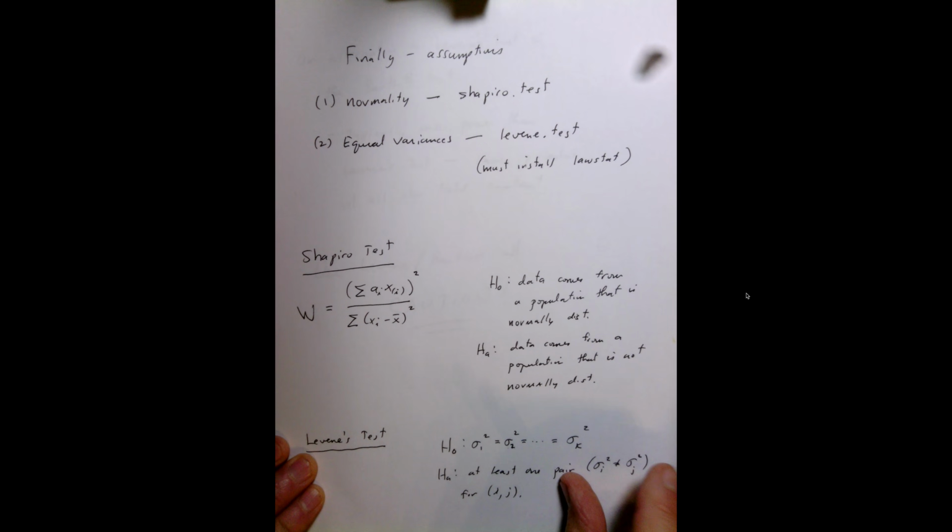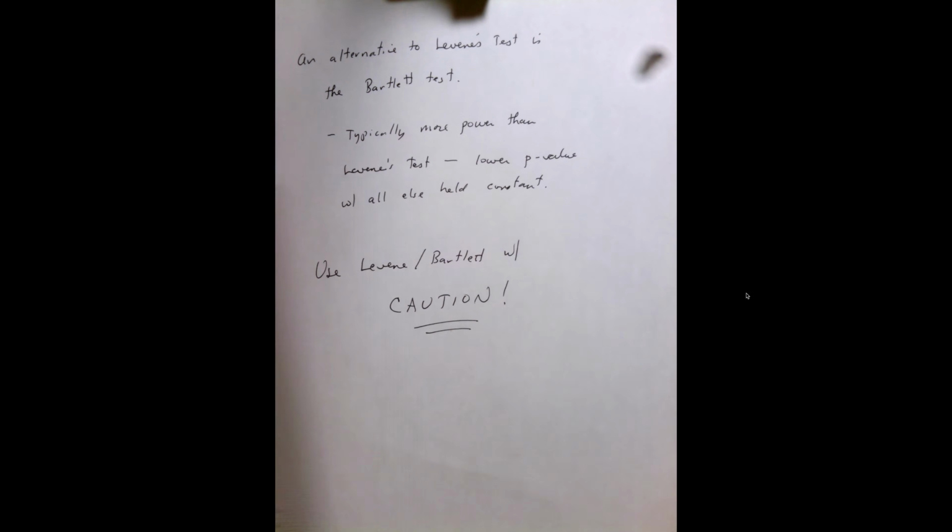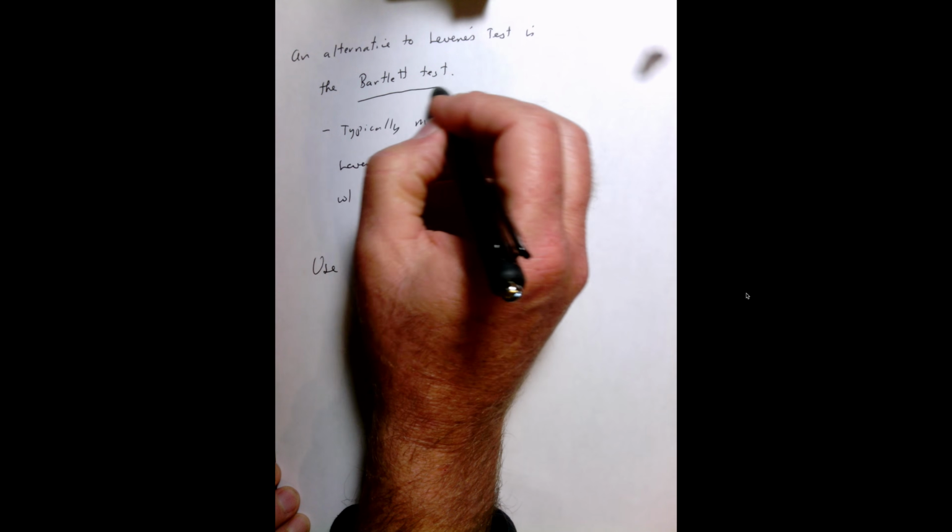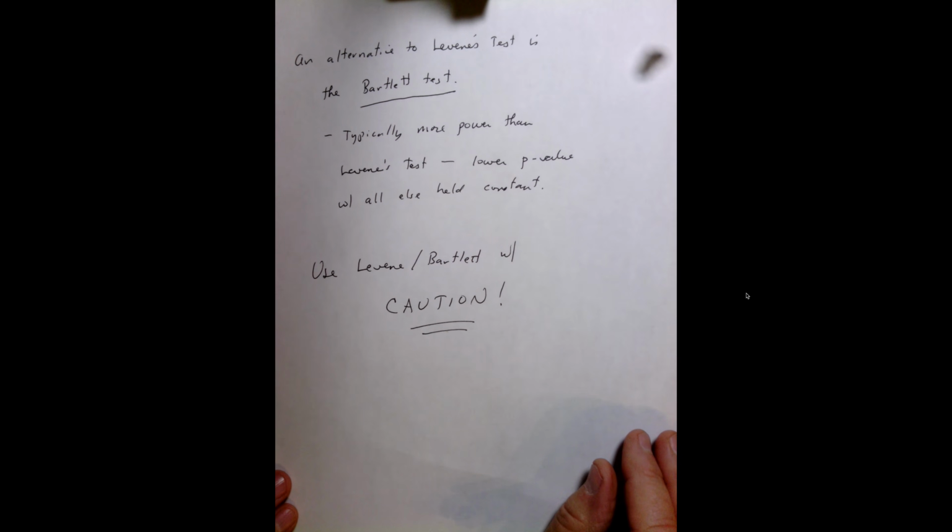Now, there's another test that we sometimes use for equal variances. It's called Bartlett's test. A lot of people prefer Bartlett's test. Typically, it has more power. In other words, if you hold everything else constant, it will create a lower p-value than Levene's. So, proceed with Levene and Bartlett.